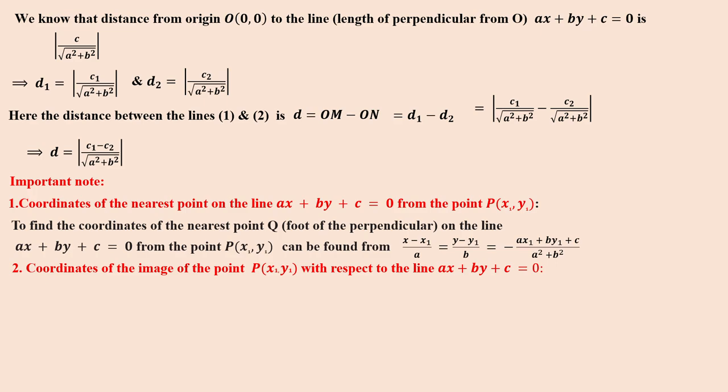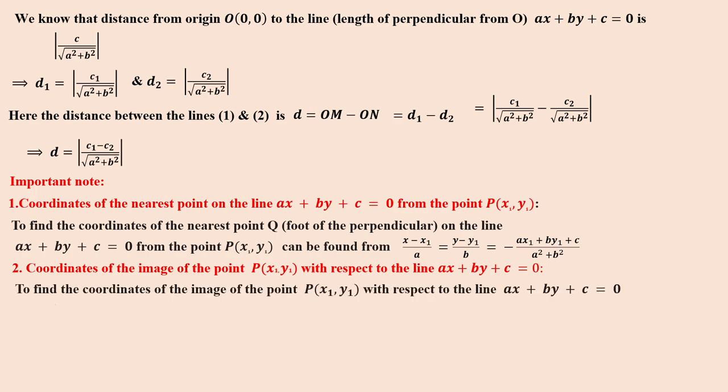That is the formula here. To find the image, we can use this formula: x minus x1 by a, which is equal to y minus y1 by b, which is equal to minus 2 into (a x1 plus b y1 plus c) by a square plus b square. So these two are very important formulas to find.